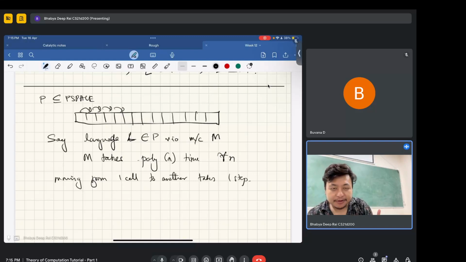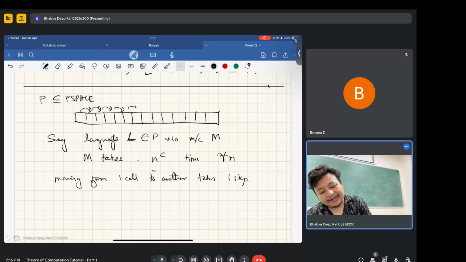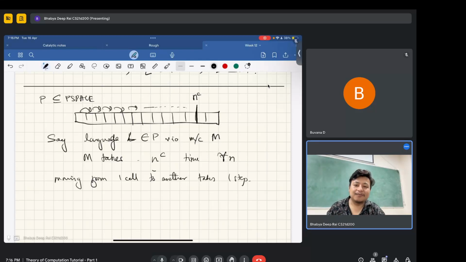if it takes, let me be more specific, n to the c time for some constant c, then this machine, if it wants to take the maximum number of steps to the right, can only reach until some n to the c, right? It cannot move to something more than n to the c. Why? Because the maximum number of steps it takes itself is n to the c.